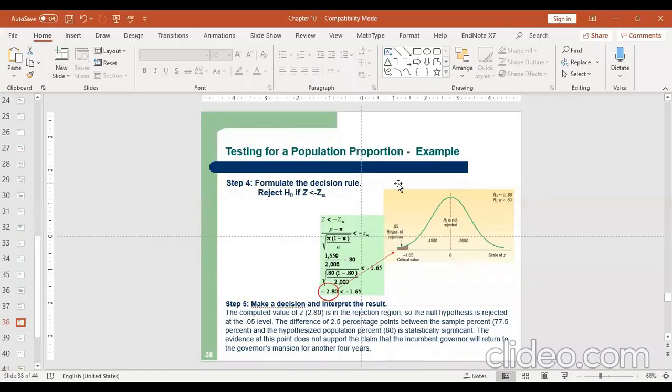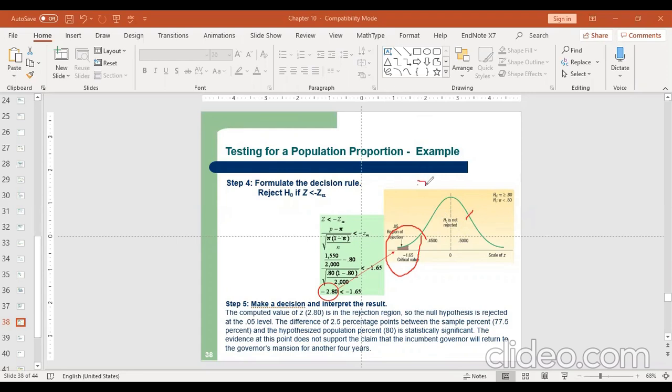So now we are going to formulate the decision rule. Reject H naught if Z is less than the critical value. So this is the formula for the critical value. Why do we have the negative sign here? Because the rejection region lies on the left side. We are following the same procedure as we followed in the Z distribution example. The whole area under the curve is equal to 1, so this half is 0.5 and this half is 0.5.